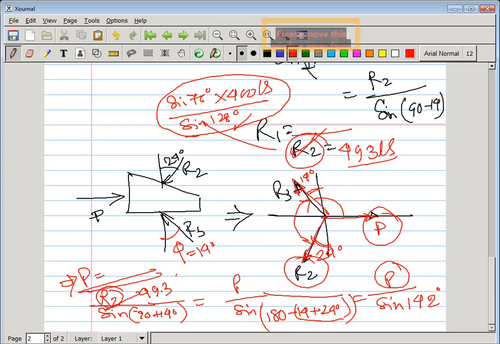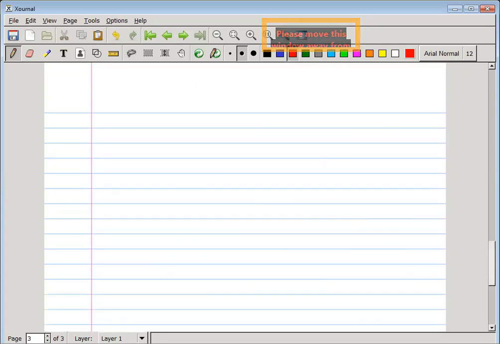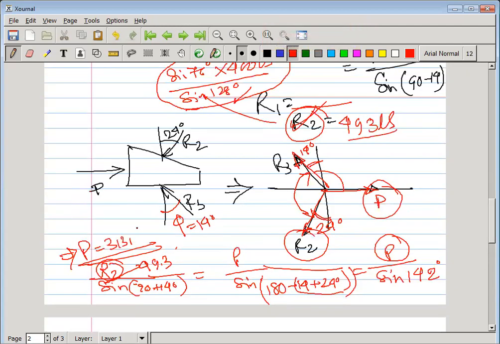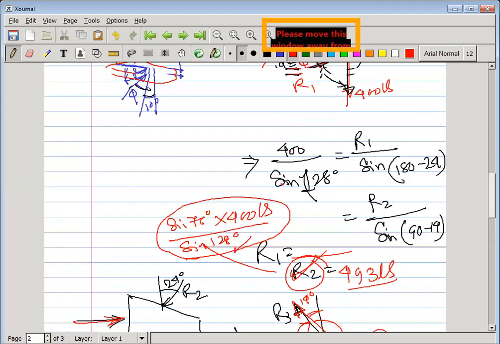How much will it be? 312.81. Yes, 313. 313 pound. So it means you have to apply this amount of force here so that this block is not moved. This block is in equilibrium.